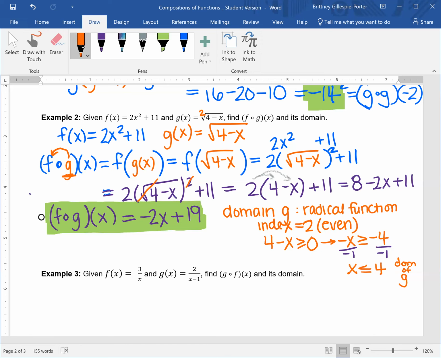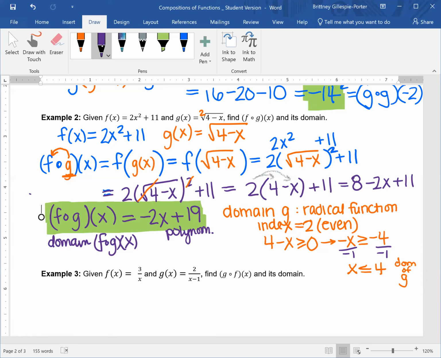After we find the domain of g, we can look at the domain of f composed with g. Okay. We know the end result is a polynomial, but we look back through our work. Did we have any denominators that weren't accounted for? Did we have any new radicals that we have not already found the domain for?